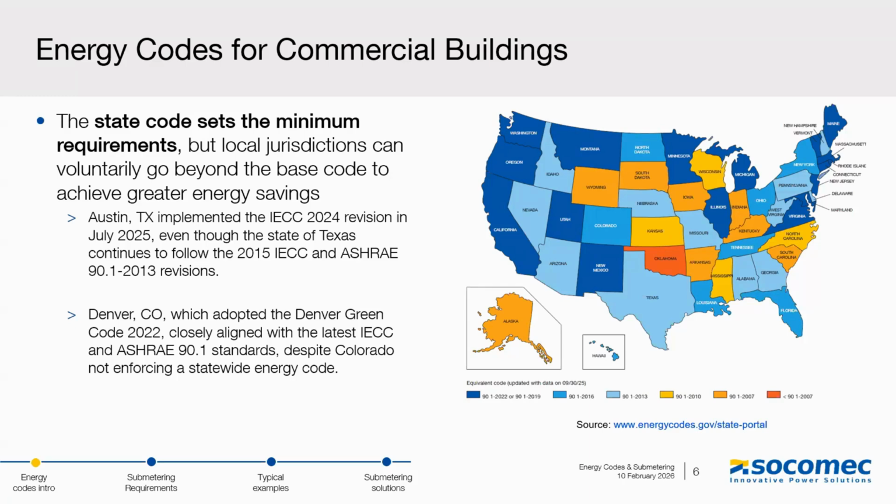The second one is Denver, Colorado, which adopted the Denver Green Code in 2022, which is closely aligned with the latest IECC, so IECC 2021. But Colorado actually is not enforcing a statewide energy code. So there are a few examples where cities are adopting more stringent energy code revisions.